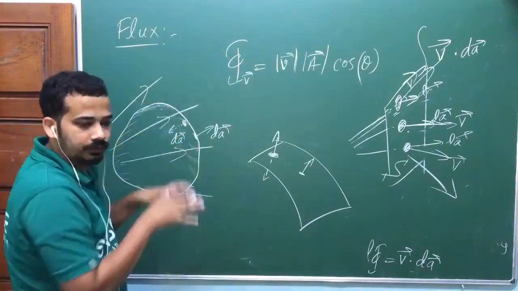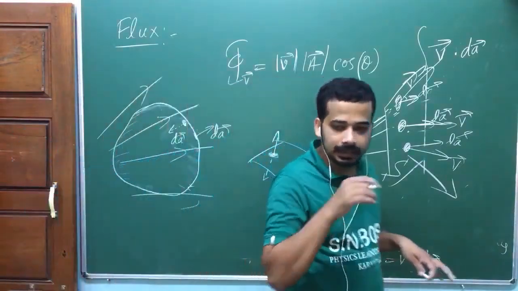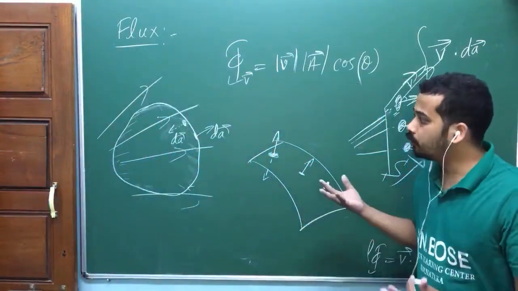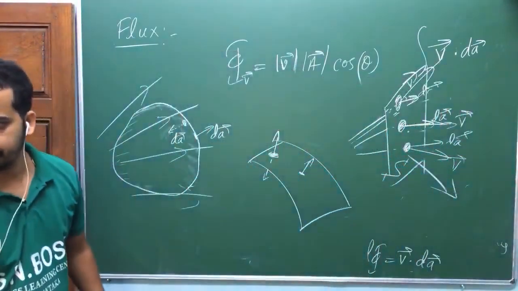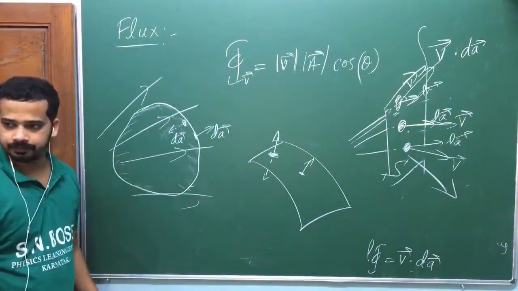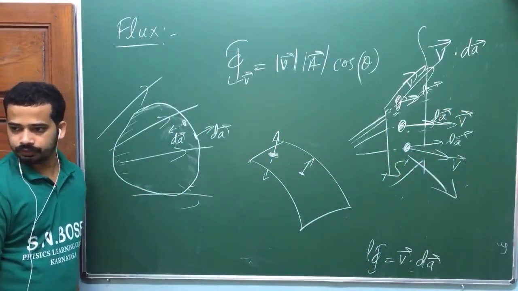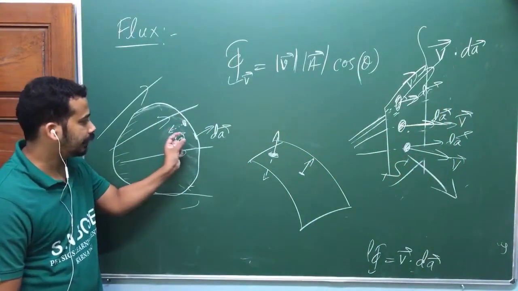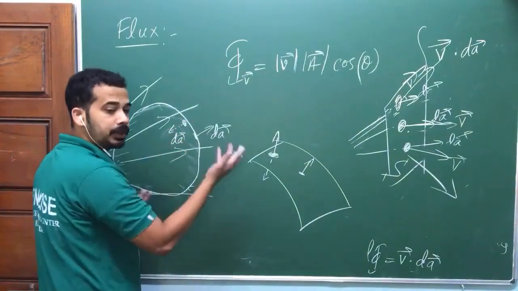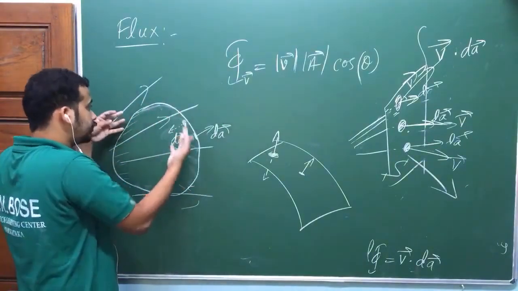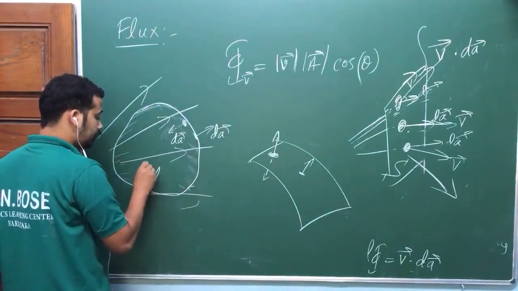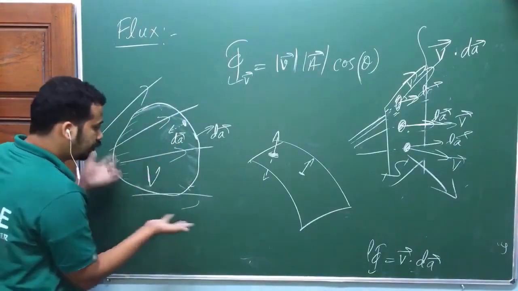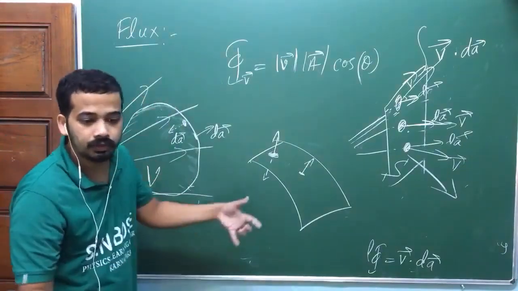Whenever you have a closed surface area, in that case, you can talk about inward and outward. You have two choices here. You can choose that area vector outward. What do you mean by outward? Outward from this region, because this closed surface area will constitute one volume V, isn't it?